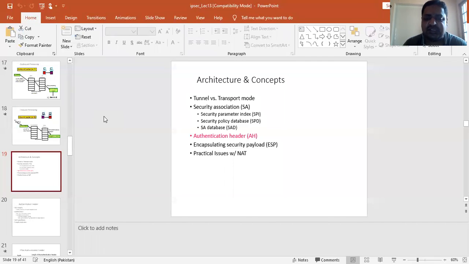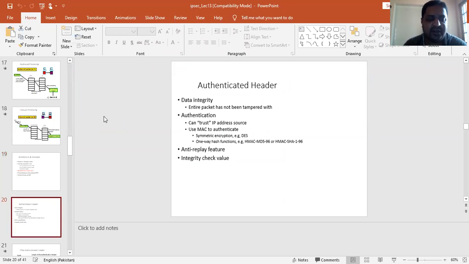We also discussed that if any packet is using the IP security protocol, it contains a header like authentication header and encapsulation security payload to add security to that packet, or to send the data securely from host to host, or from network to network.